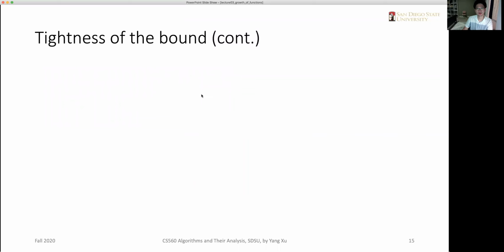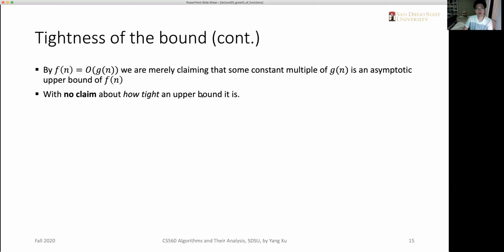By claiming the big O notation, we're merely claiming that some constant multiple of g of n is an upper bound of f of n, but we never claim that it's a tight upper bound. By tight, we mean that the same type of function can be the upper bound and the lower bound too.